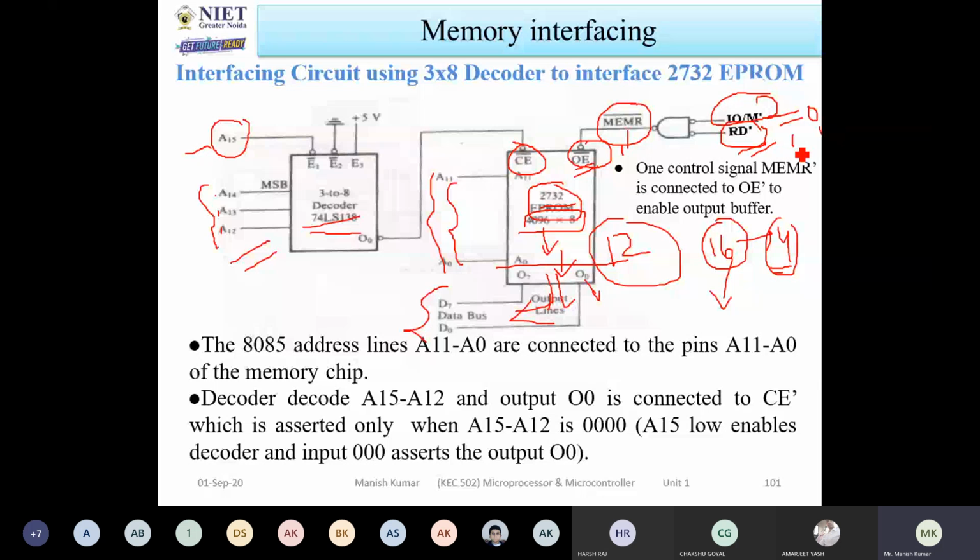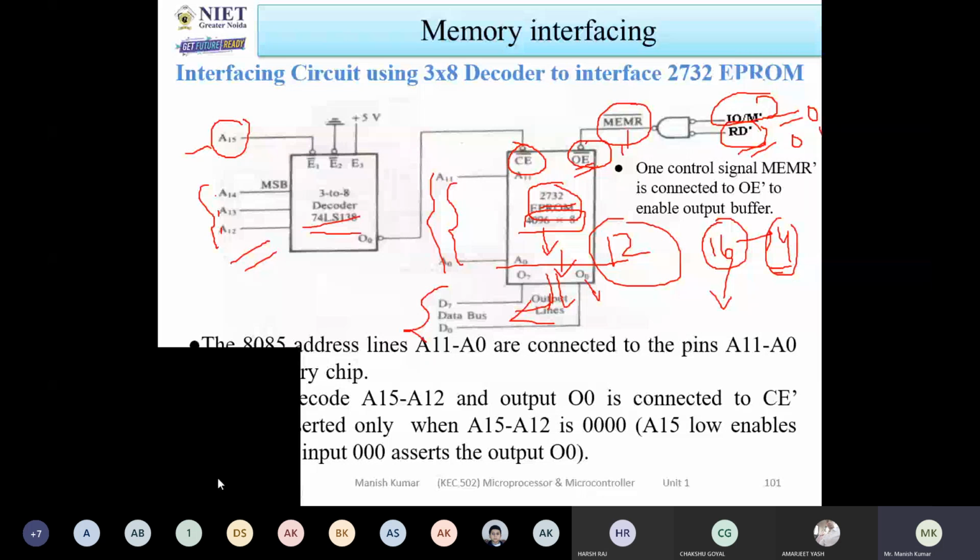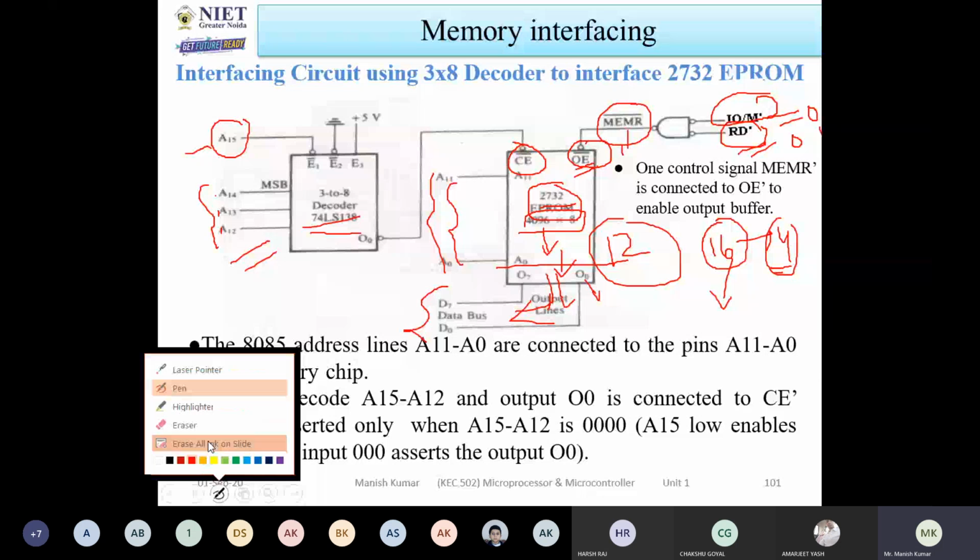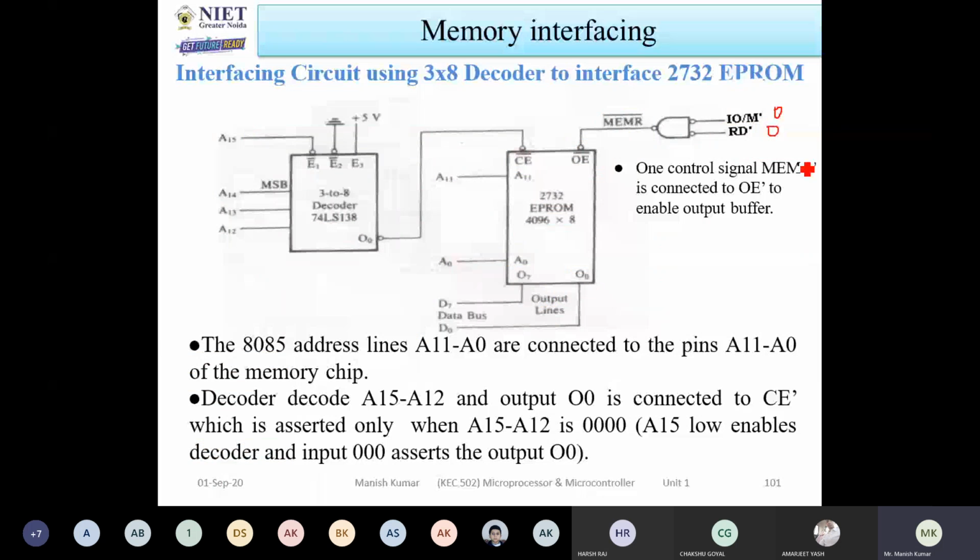IO/M bar is equal to 0 and RD bar is equal to 0. Here you are getting the inputs as 1 and 1, so at the output terminal you are getting 0.